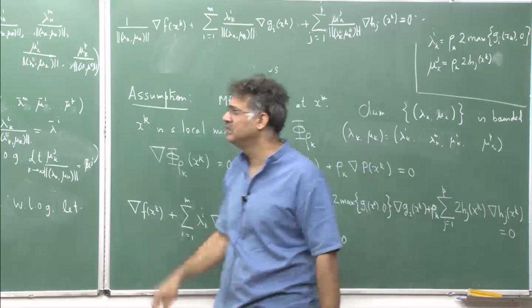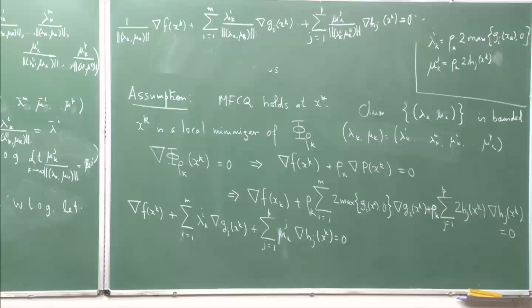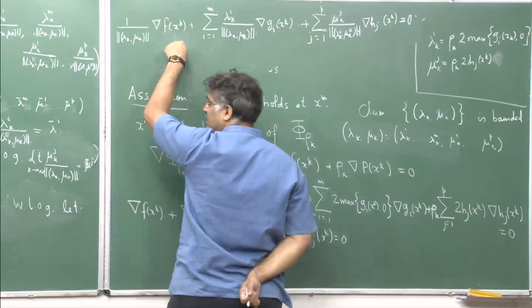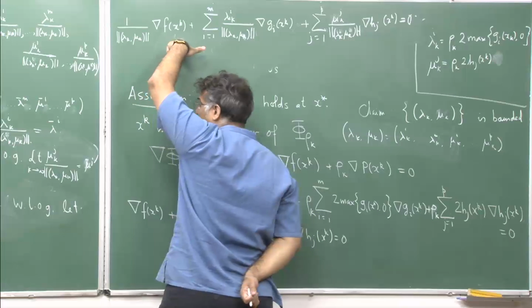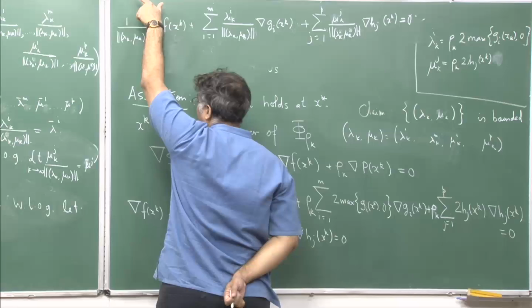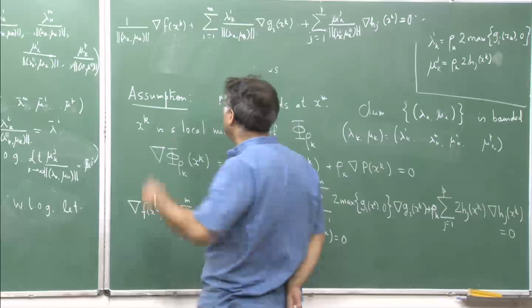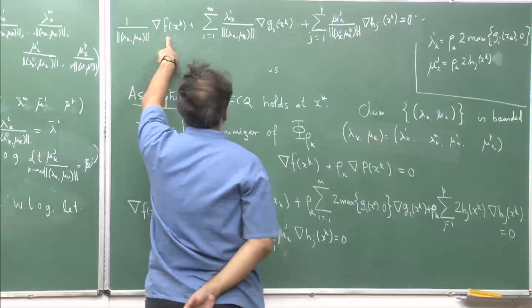Now, suppose I take a limit. Now, this is going to infinity, so this is going to grad f x star. This is a bounded sequence, and here is a sequence which is going to 0. Hence the whole thing goes to 0.